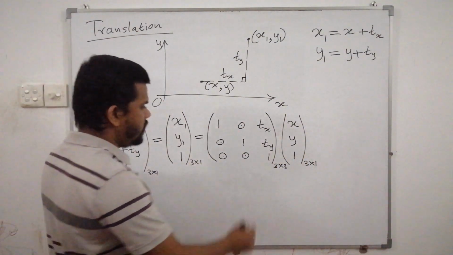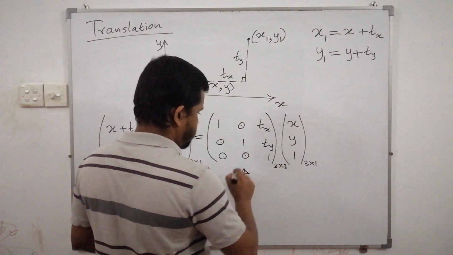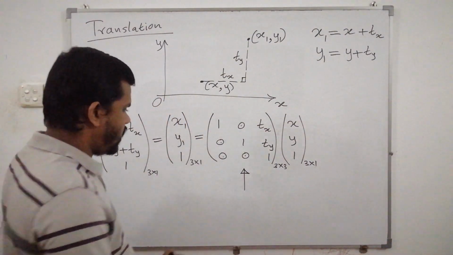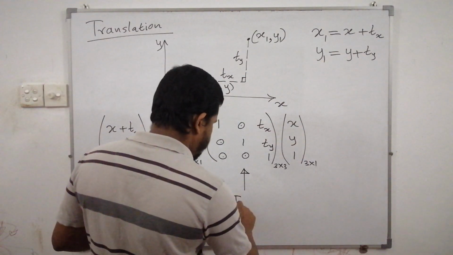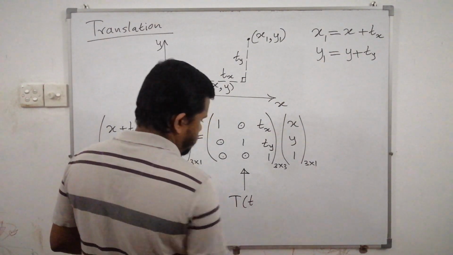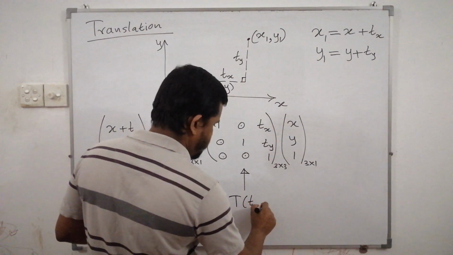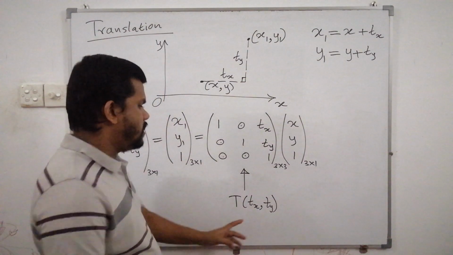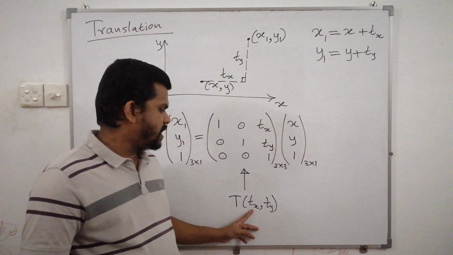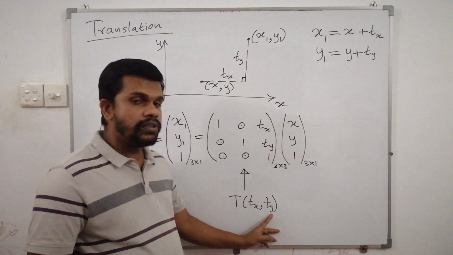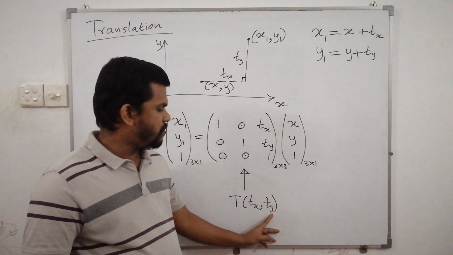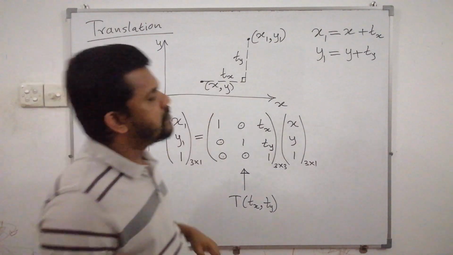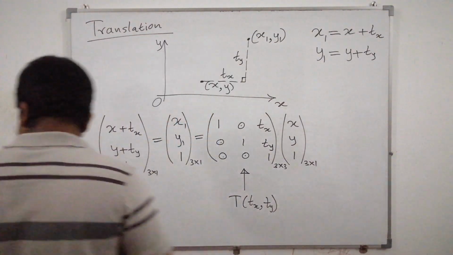Therefore, we call this matrix as the translation matrix, and we represent it using capital T. Here we put Tx, Ty. That means the amount along the positive direction of x-axis and the amount along the positive direction of y-axis. This is translation.